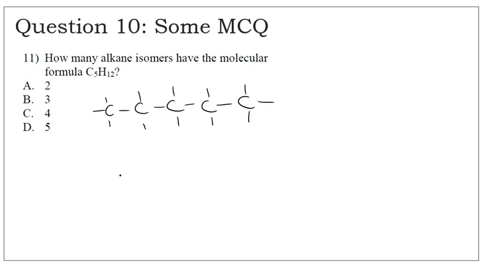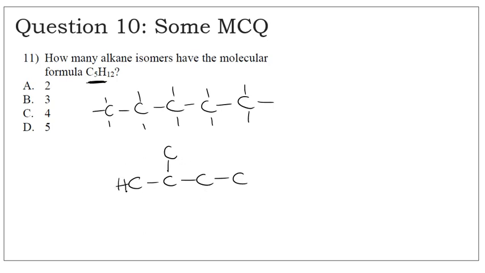That's 1. When you draw out isomers, I tend to start with the version of 5, and then I will gradually reduce the number of the longest carbon chain. So if 5 is the longest maximum, and then if you have 4, then you need to put another one here. Now you don't actually have another version of 4, because if you put the branch here, that's actually identical to this structure.